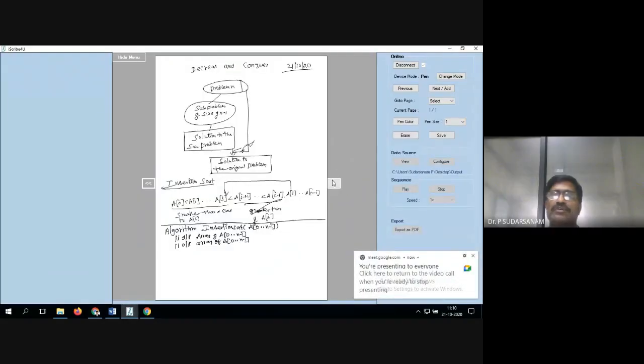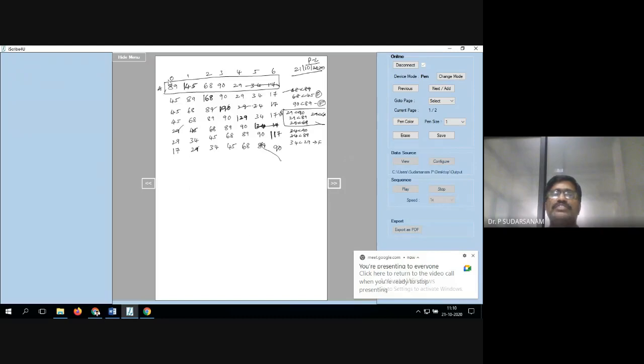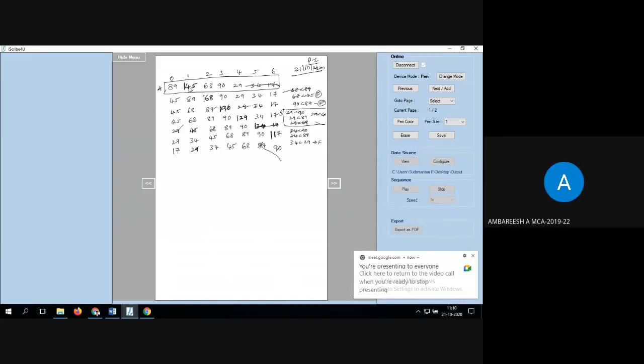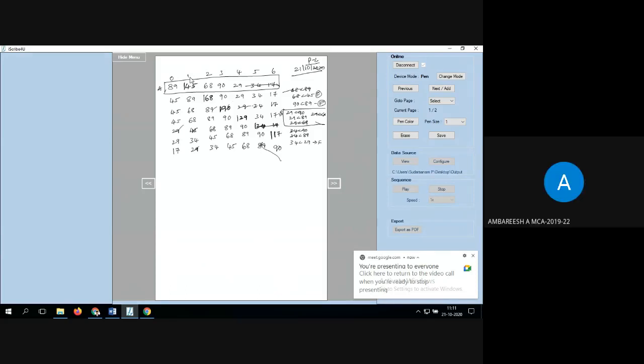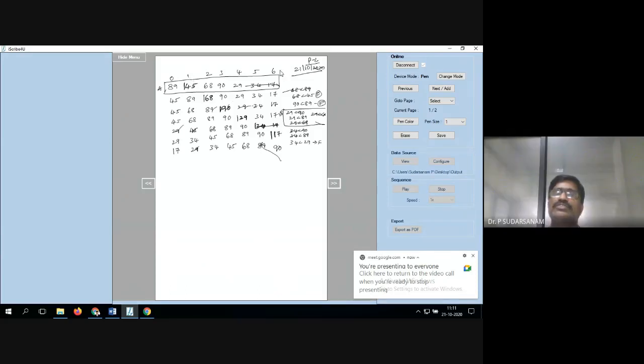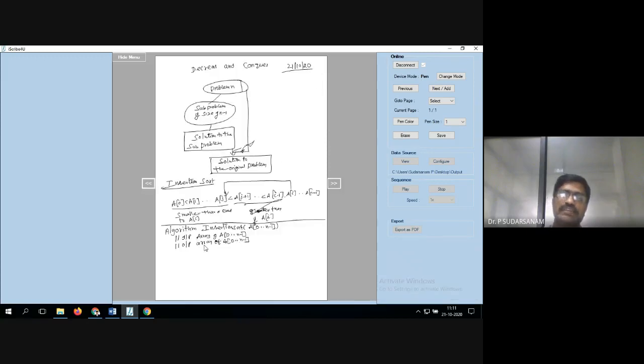Right, sir. Now you have A of 0 to n minus 1 elements. Now for sorting, which element have you taken first here? 45. So that is at which location? First location, sir. So from 1 up to n minus 1 you have to write it. Now how to write the loop here?